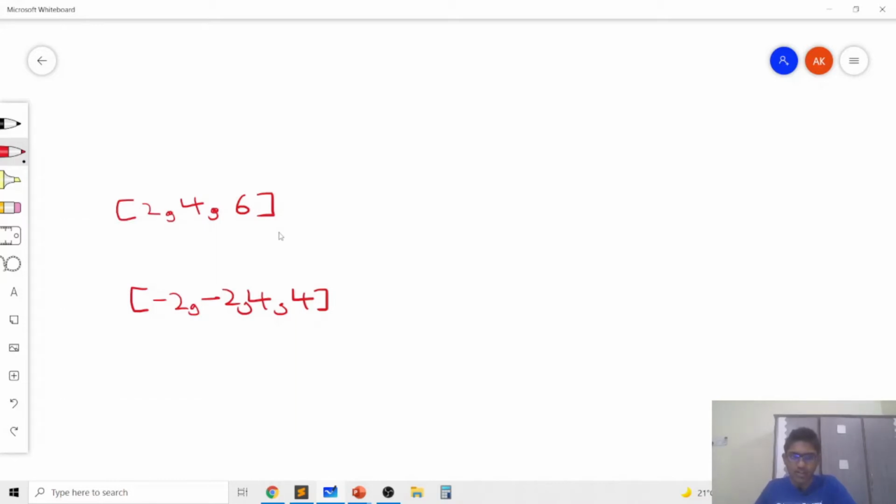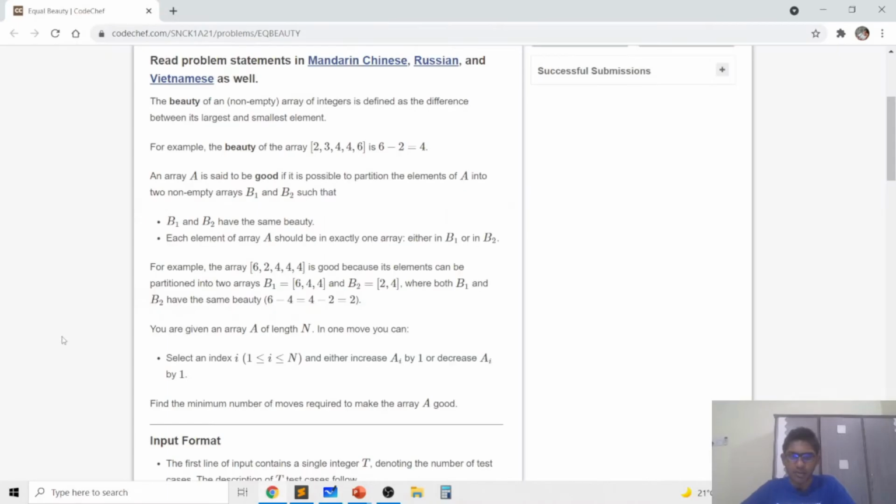Now let's consider what all possibilities there are for B1 and B2. I'll make an important convention. Let B1 always contain the smallest element, because it does not matter in which order we assign the elements to B1 and B2.